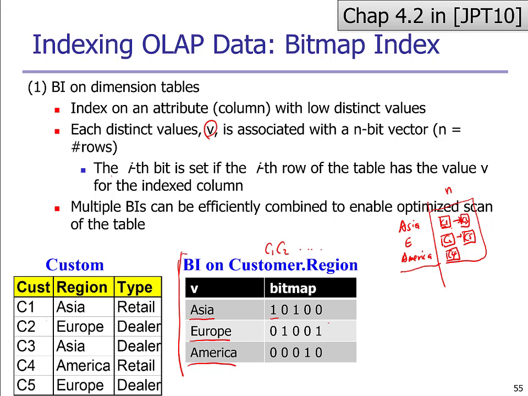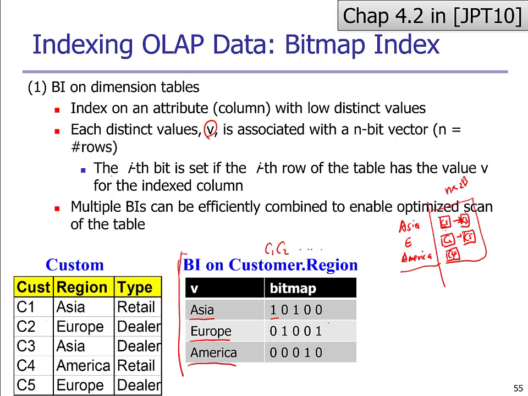And for each one, it really depends on how many rows we have, but let's say we use 2 bytes for each of them.